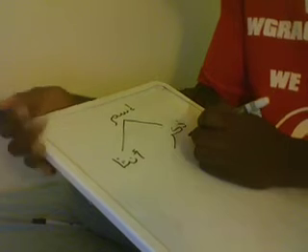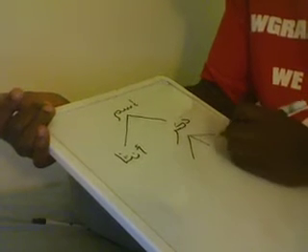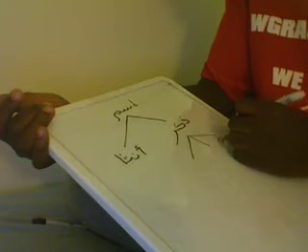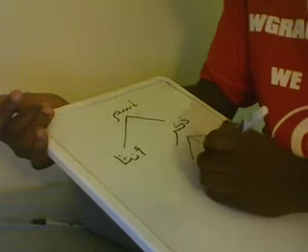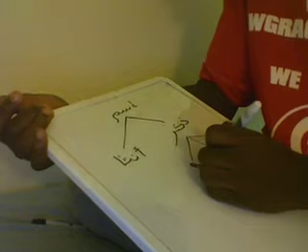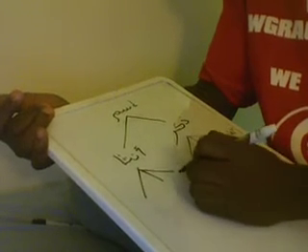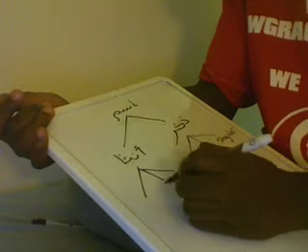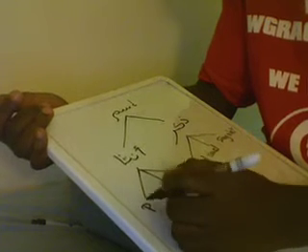Now, zakar would have three sets. You have the singular, the dual, and the plural. And the same would apply to the untha, which is the singular, dual, and plural.